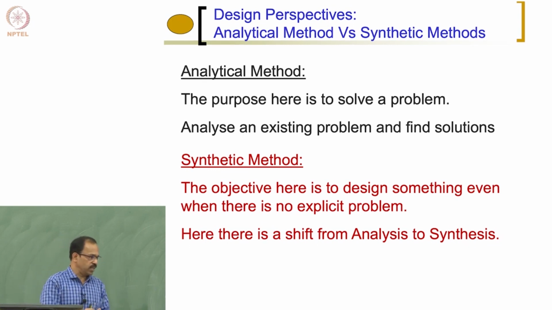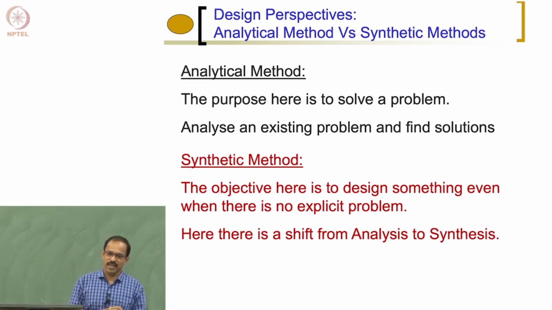That is known as the synthesis method or synthetic method of designing products. Got it? So now can you tell me an example of a synthetic product? Smartphone. Okay. Anything else? Any other product you can say is a synthetic product?